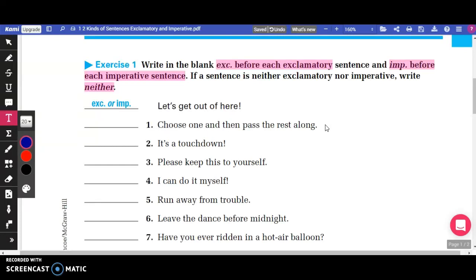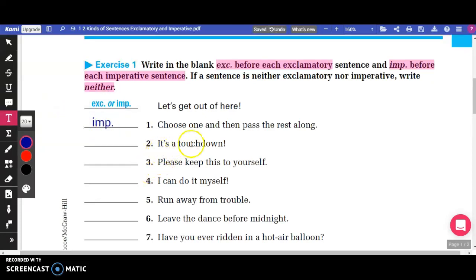Is the sentence written like it's directed at me and telling me to do something? Or is it something completely different, like a declarative or interrogative sentence? Choose one and then pass the rest along. It sounds like it's directed at me. It sounds like a command. So I'm going to say that it's imperative. So IMP.